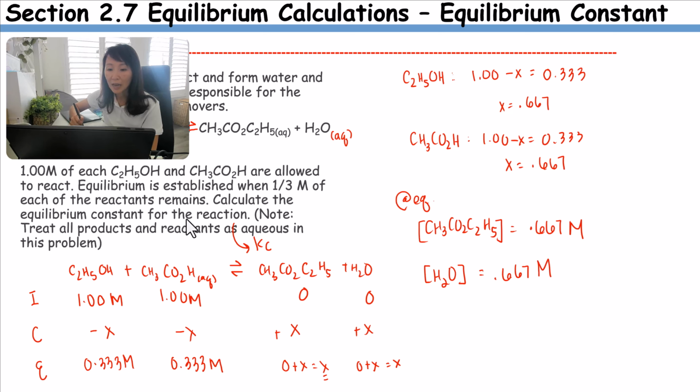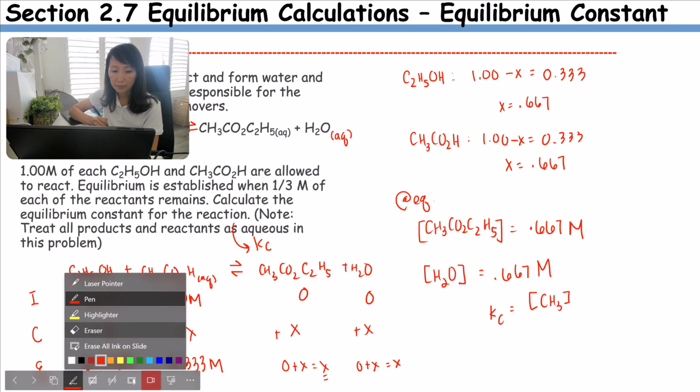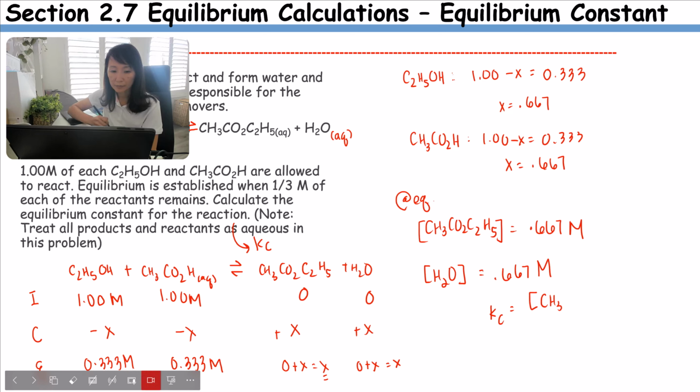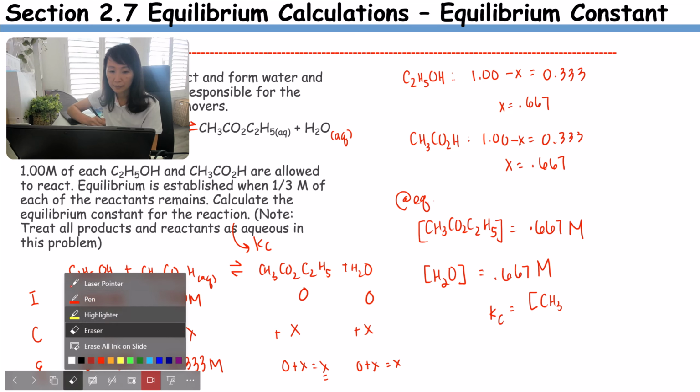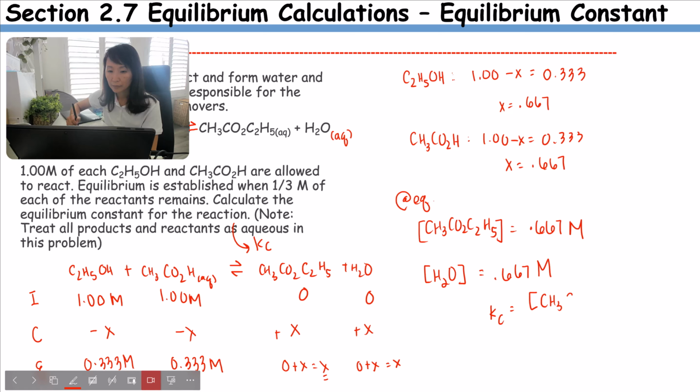Okay, now we can go ahead and set up the equation of the equilibrium constant, where we have the product on top and we have the reactant on the bottom.